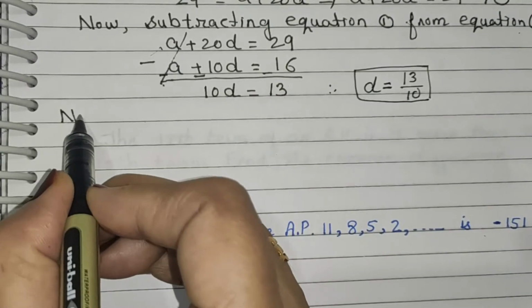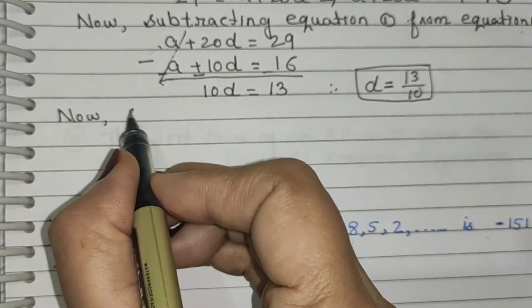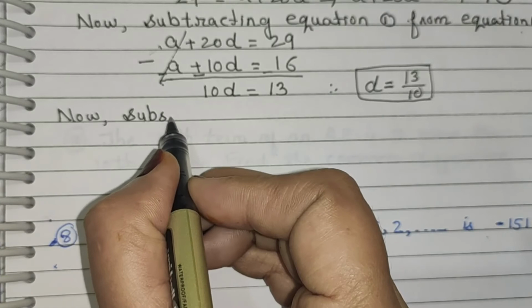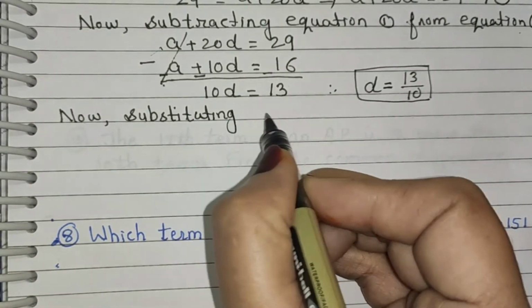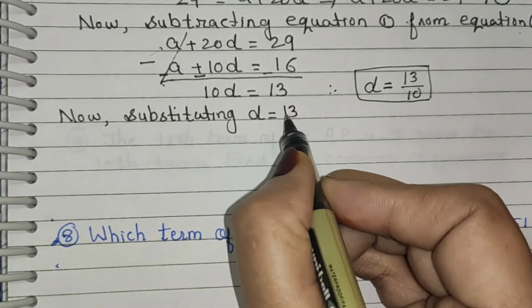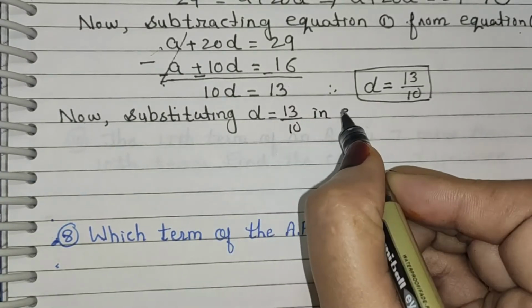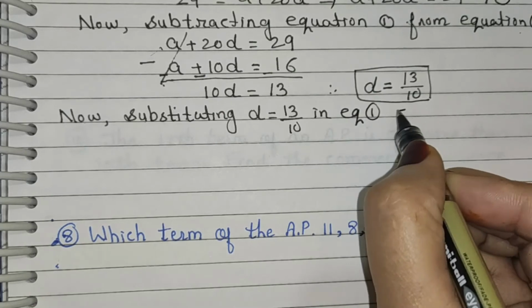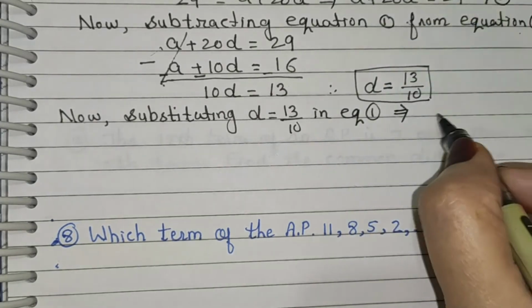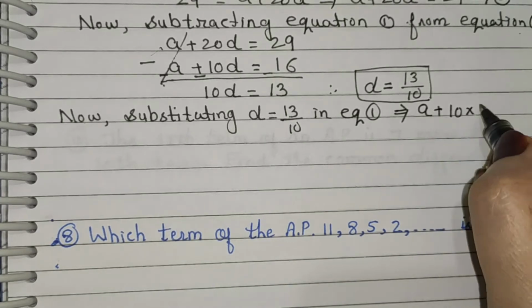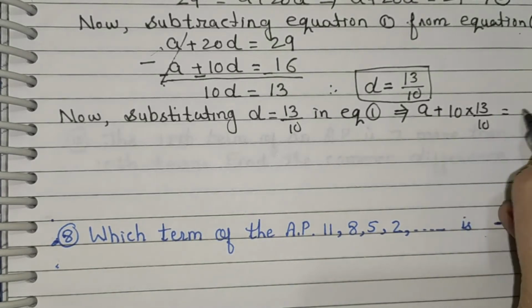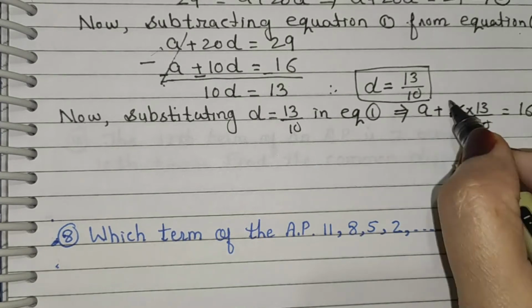Now substituting D is equal to 13 upon 10 in equation 1. Now equation 1 is A plus 10 into D, means 13 upon 10, is equal to 16. 10 and 10 both are cancelled.